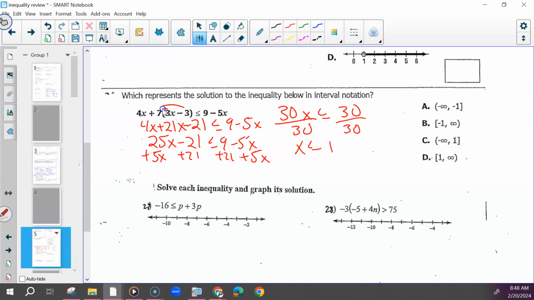And then if we're matching the interval notation to this, it has to be everything less than or equal to 1. So we're going to have a bracket. It has to have 1 in it. It is everything below 1, so it's going to start at -infinity, and that would be C. Questions on that page?